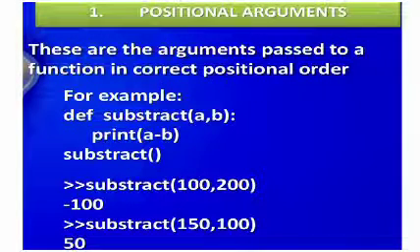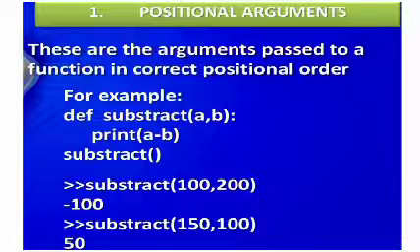Now the second example: we pass 150 and 100, so a contains 150 and b contains 100, and it returns the difference between 150 and 100, which will be 50.